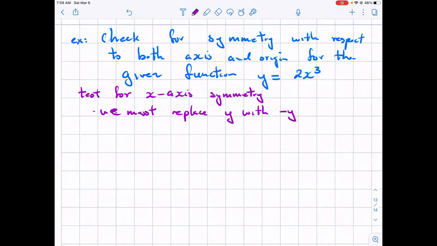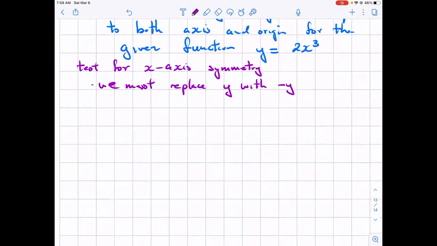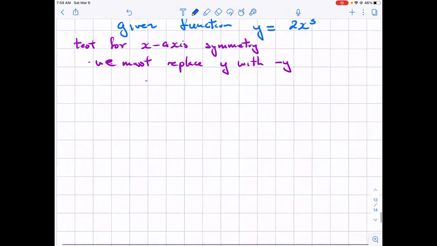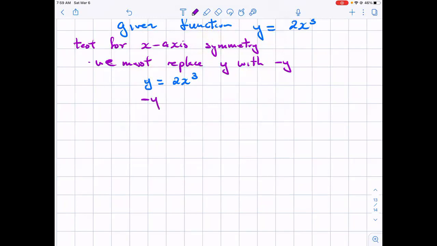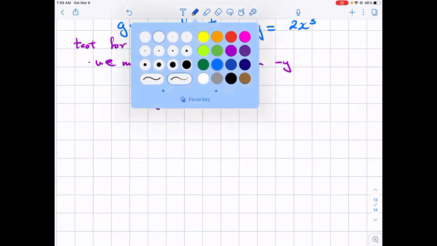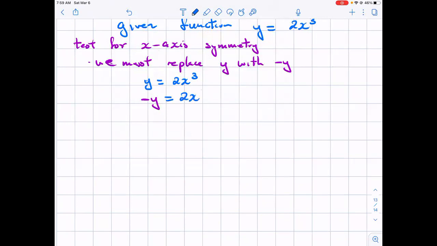Okay, that's our goal. So our original equation is y equals 2x cubed. If we replace y, we have minus y equals 2x cubed.